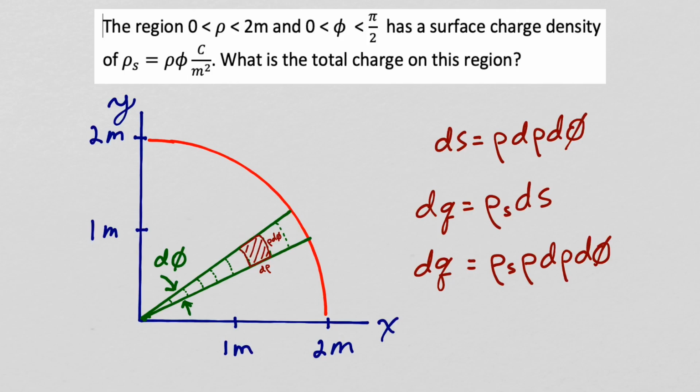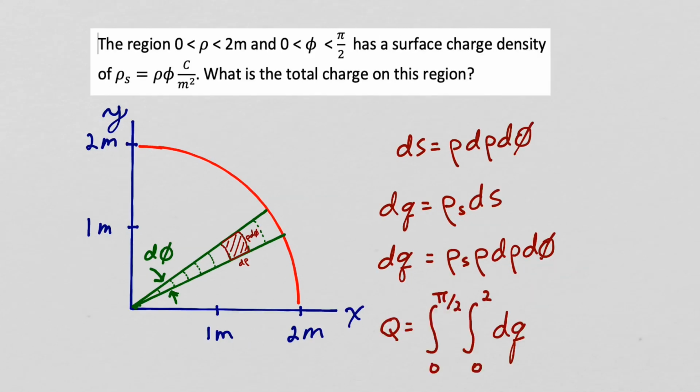To obtain the total charge in this region, we would have to sum up the dq's from rho equals 0 to 2 meters and phi equals 0 to pi over 2 radians. For dq, let's substitute this expression.